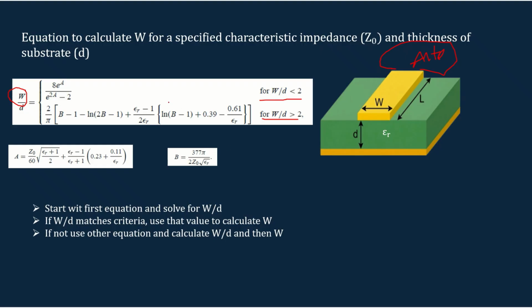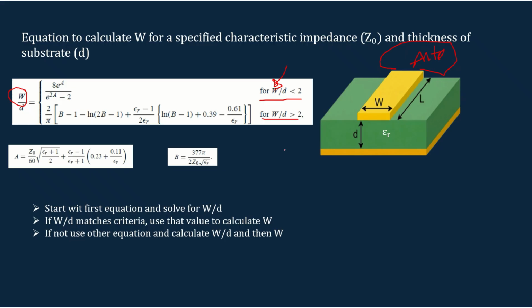When we use this equation, we will not have any idea about this ratio, because W is the unknown that we have to calculate. So we won't know whether W by D is less than 2 or greater than 2.